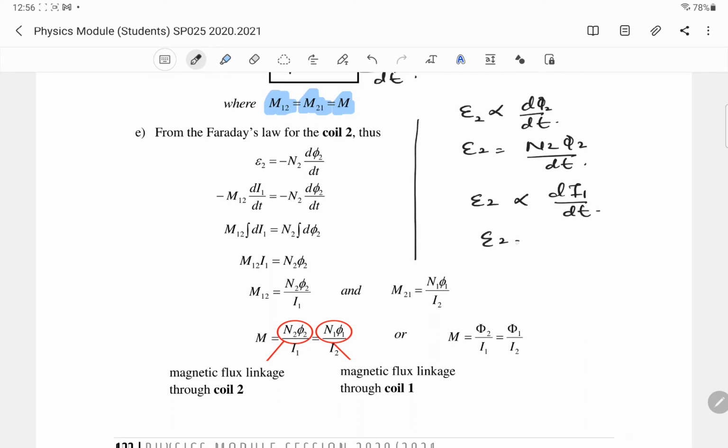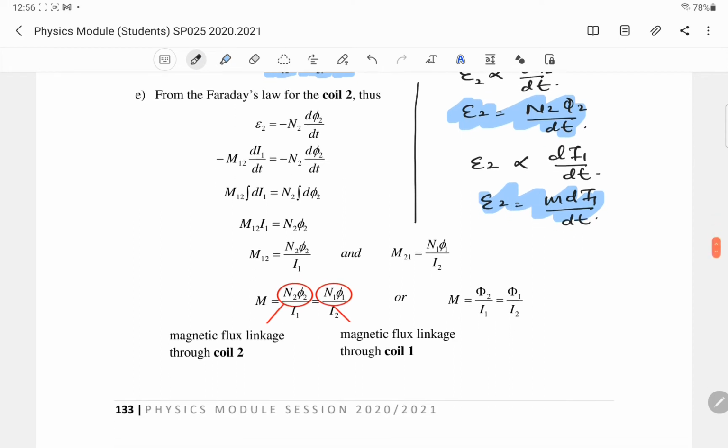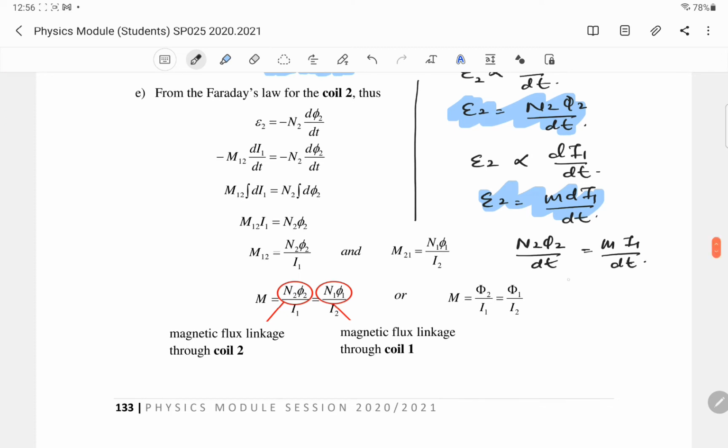So E2 equal to M dI1 over dt. So kita samakan dua ni. Kita akan dapat N2 dΦ2 over dt equal to M dI1 over dt. So to have M, we have M equal to N2 Φ2 over I1.